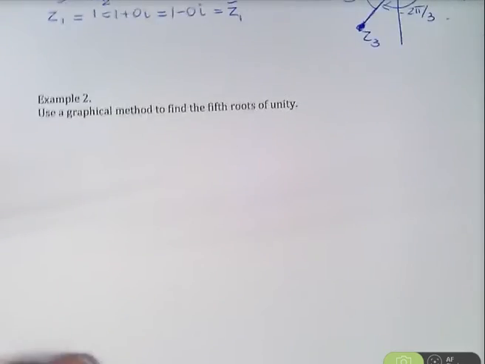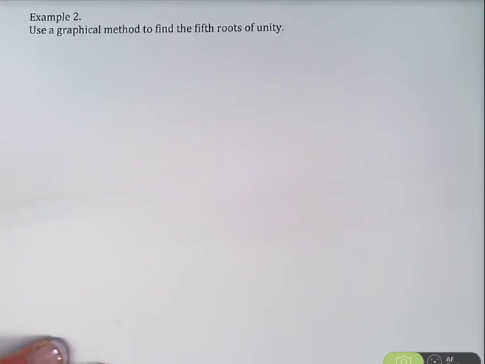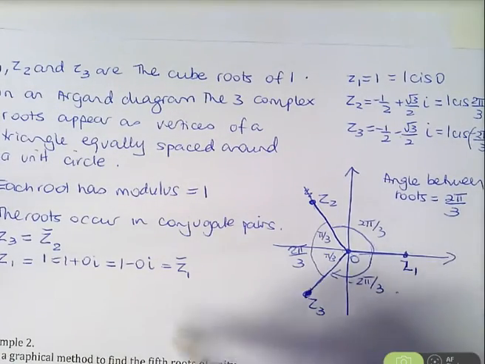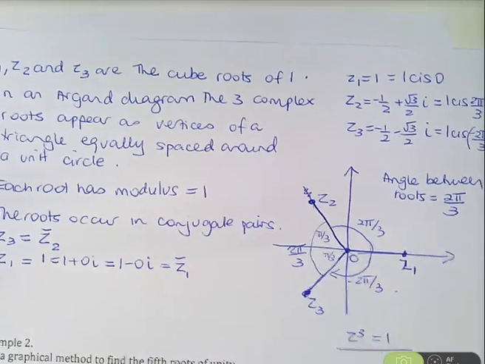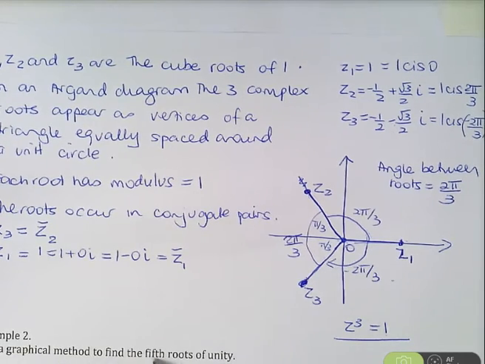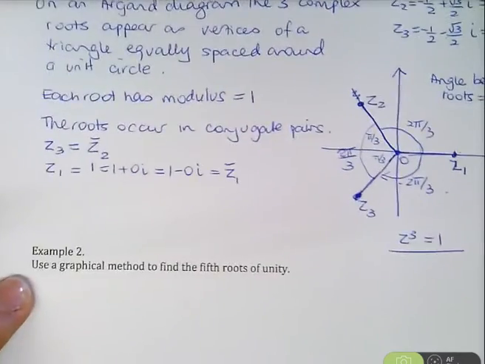Now, I'm going to use a purely graphical method, just by looking at what we've done here and what we've noticed. This was the solution to z cubed equals 1, finding the cube roots of unity. In this example, I'm going to use the graphical method to find the fifth roots of unity.